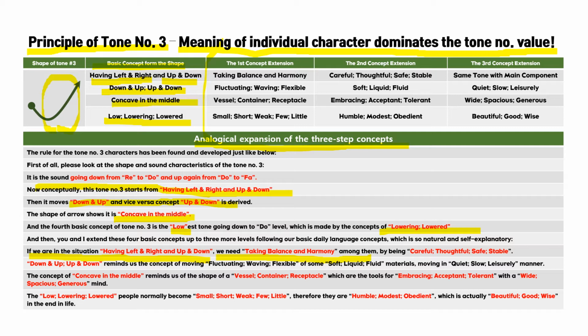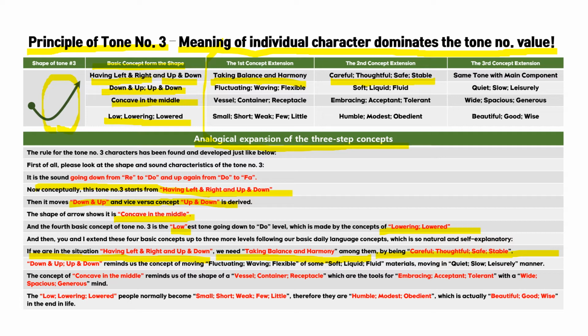Yeah, taking balance and harmony, up and down harmony, and left and right harmony and balance, right? And by being careful, thoughtful, safe, and stable, measures or something, whatever. So careful, thoughtful, safe, and stable. So this is the conceptual development.